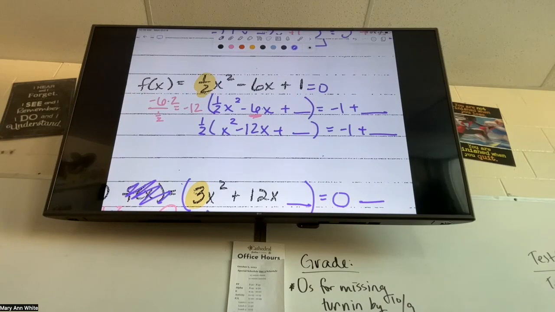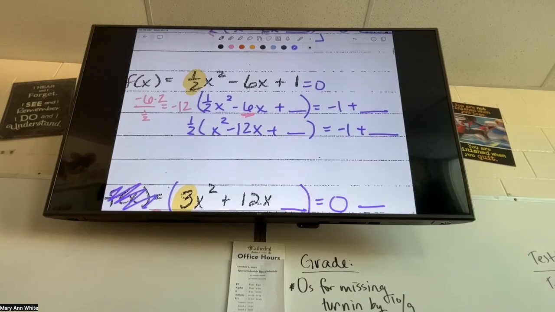I'm gonna do the rest of it on the board, but I want you to try it on your own. Do your b divided by 2 squared, factor it out, move everything to one side, identify your vertex and your axis of symmetry. Okay. So I'll show my work so you can check in with me, but I'll be quiet.